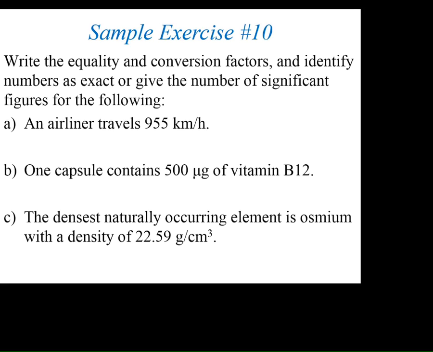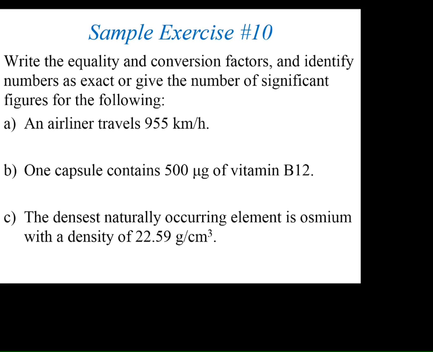So pull out your handout and we'll just look at these together. Let's just see. So if I wanted to use these as a conversion factor, okay, would it be exact? Would it have sig figs? How many sig figs? So first I want to write some kind of an equality. So an airliner is traveling at 955 kilometers per hour. Well, so that then allows me to convert between kilometers and hours, right?